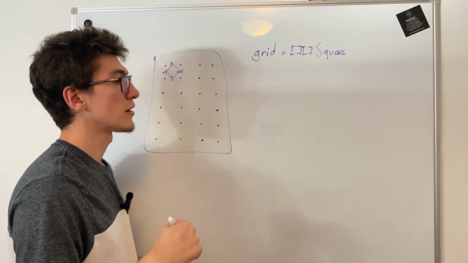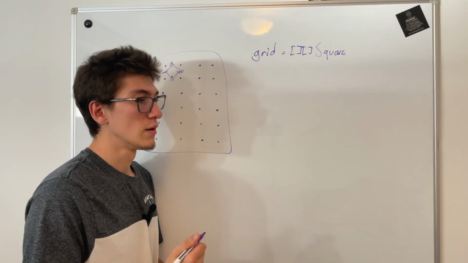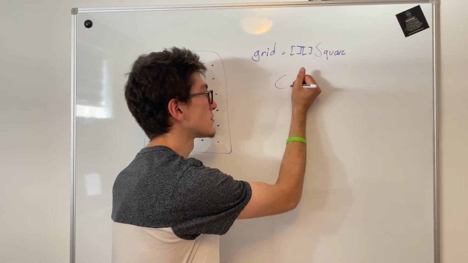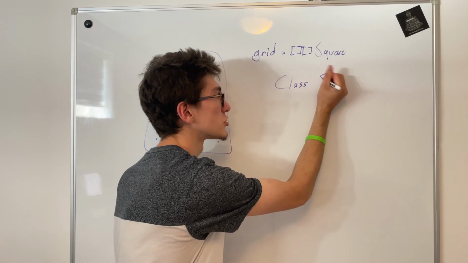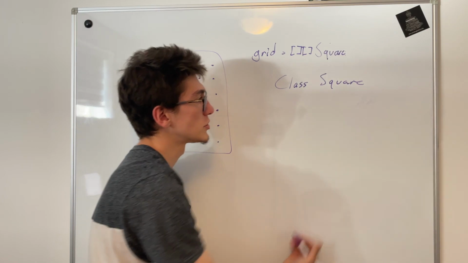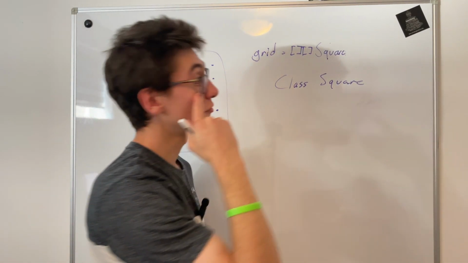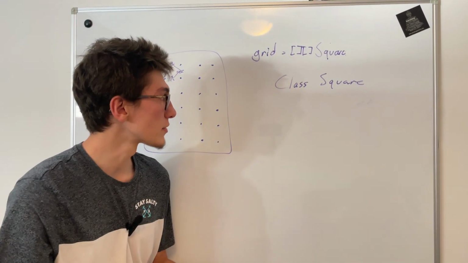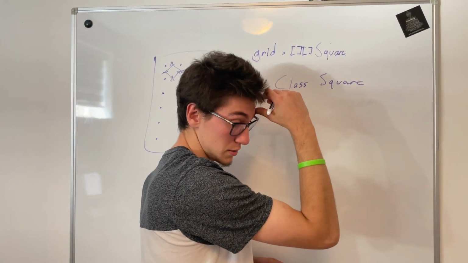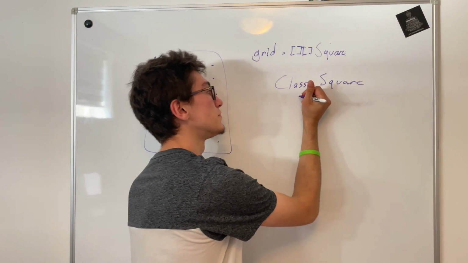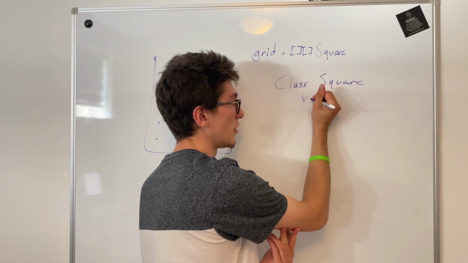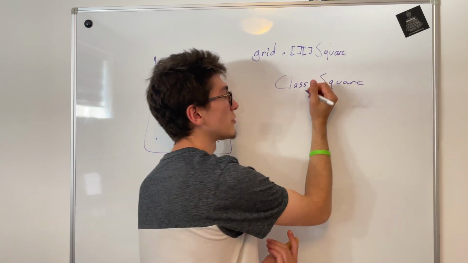So I'm thinking we have the square class, right? So class square, which would contain, so we said the four values we want for it. Let me think about it. We could just have an array of values, right?